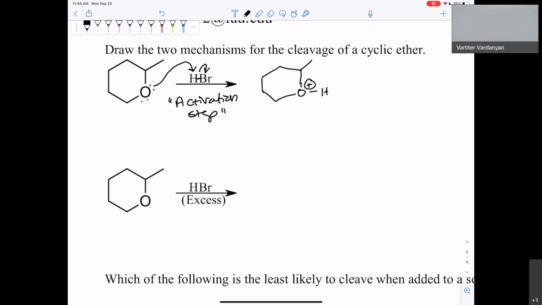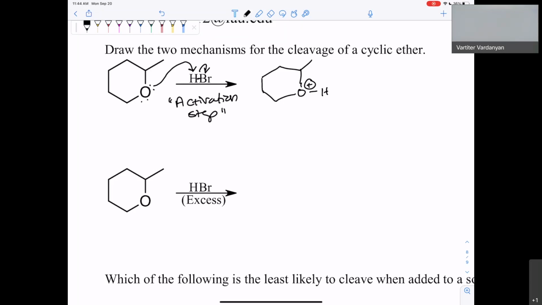Any idea why we would call it the activation? Yeah, we made it acidic, but you said we're doing a nucleophilic attack, right? Yeah, it's a better electrophile and it's going to be a better leaving group.